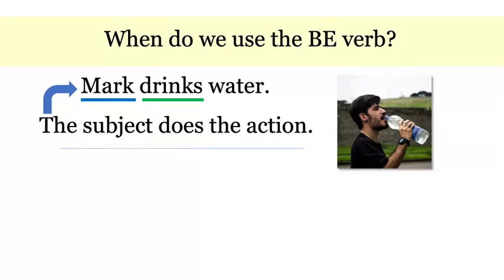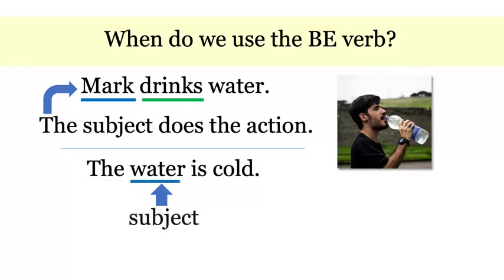Okay, now let's look at this sentence. The water is cold. What is the subject? Water, right? So water is the subject, and what does water do? What action does water do? Nothing. Water doesn't do anything in this sentence. Water just is.